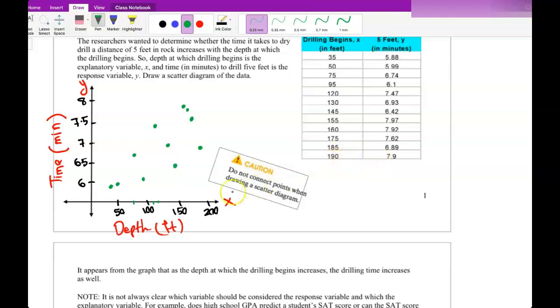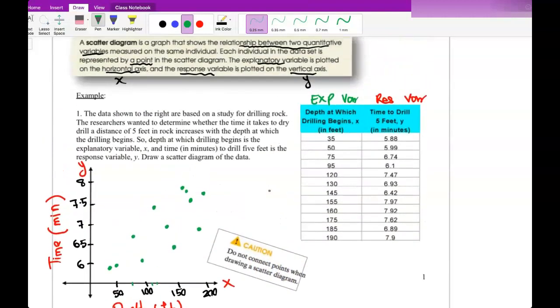And 190, 7.9. So these are our points in this scatter diagram.